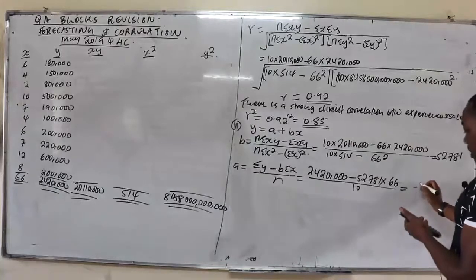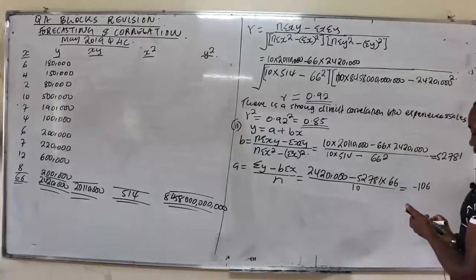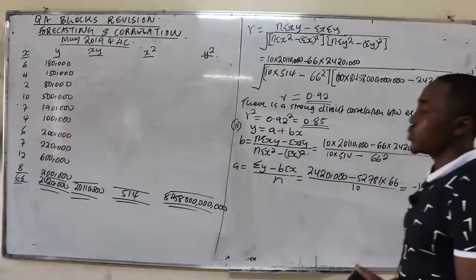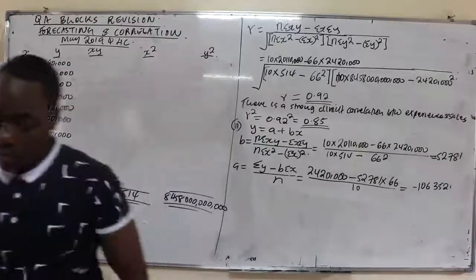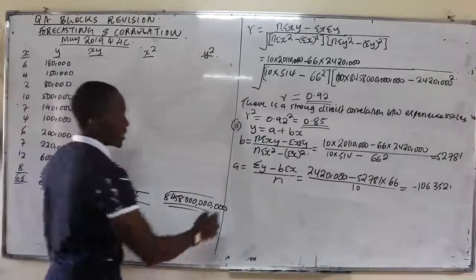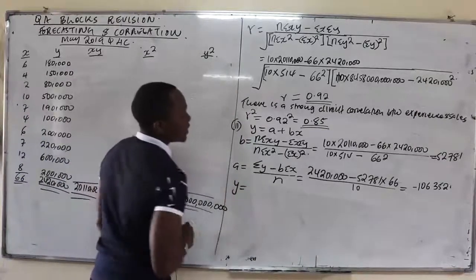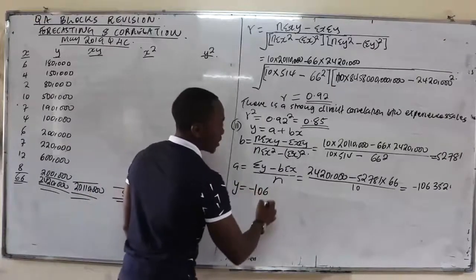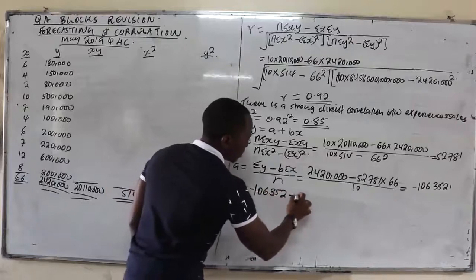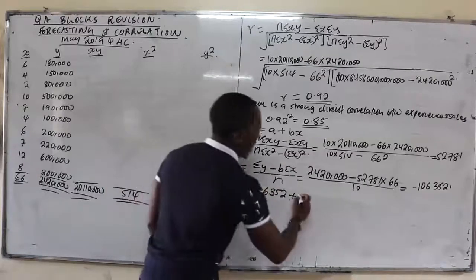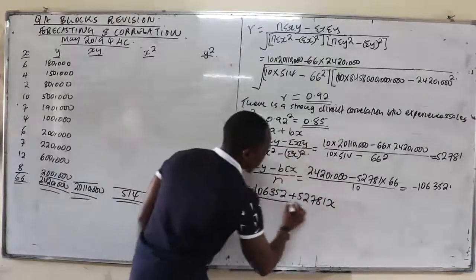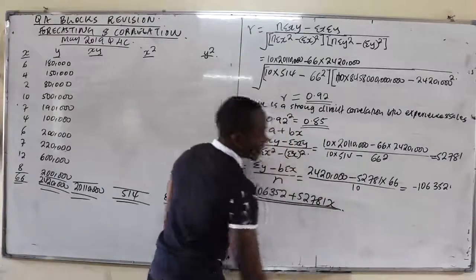The a you are getting is negative 106,352. Good. So now let's come up with that equation where y equals a, our a being negative 106,352, plus bx, our b being 52,781x. That's the ordinary least square function.